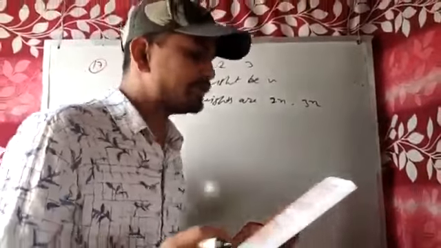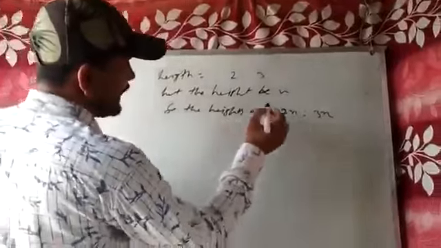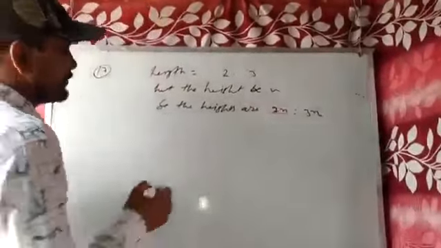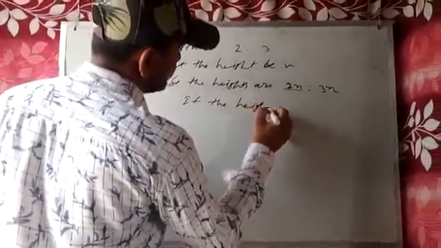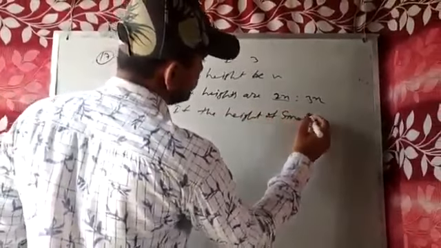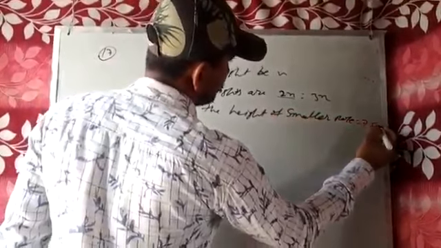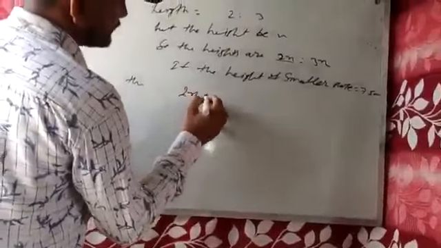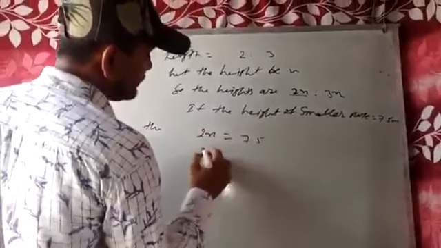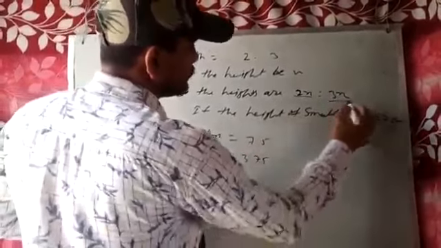If the height of the smaller pole is 7.5 meter and the smaller is 2x, so 2x is equal to 7.5. So the value of x is equal to 3.75.